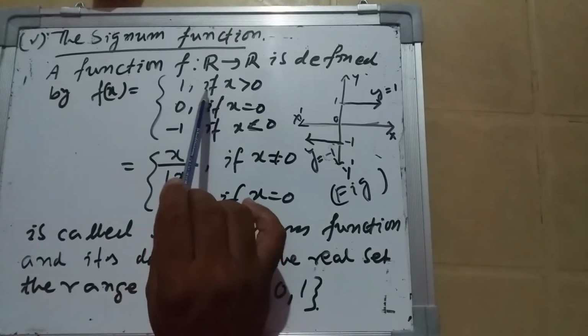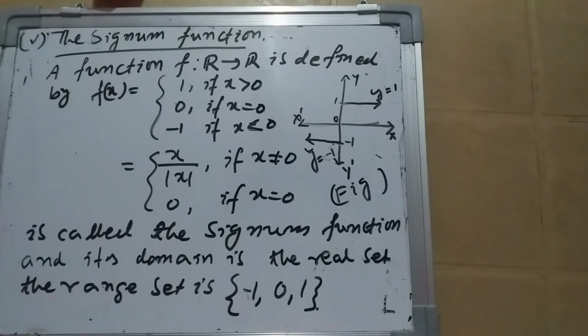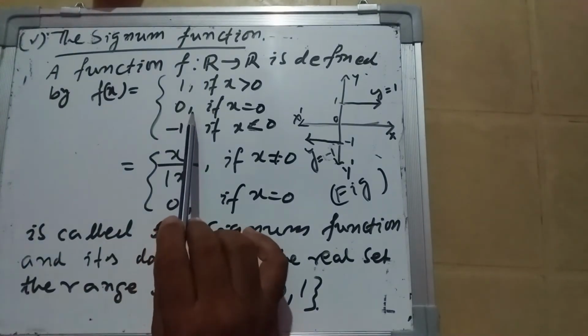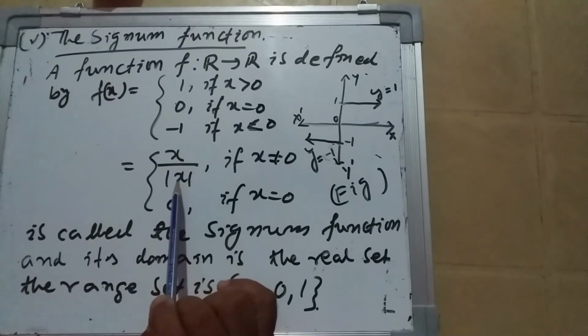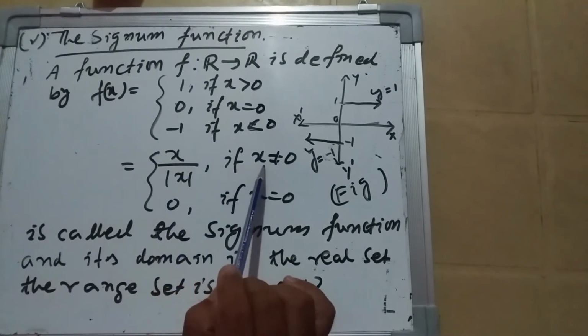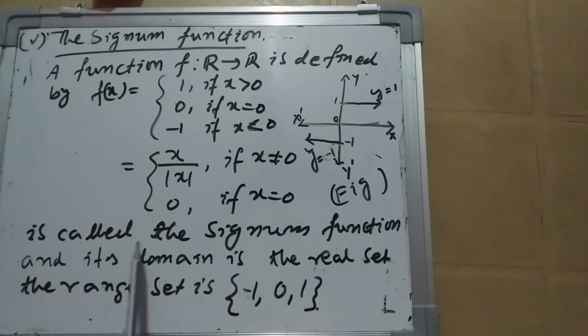This concept can be expressed in a formula: x by modulus of x if x is non-zero, 0 if x equal to 0, is called the signum function, and its domain is the real set. The range set is minus 1, 0, 1.